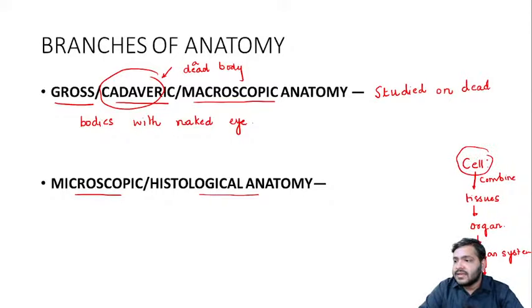To study the structure of the cell, there is another branch of anatomy called microscopic or histological anatomy. Why microscopic?